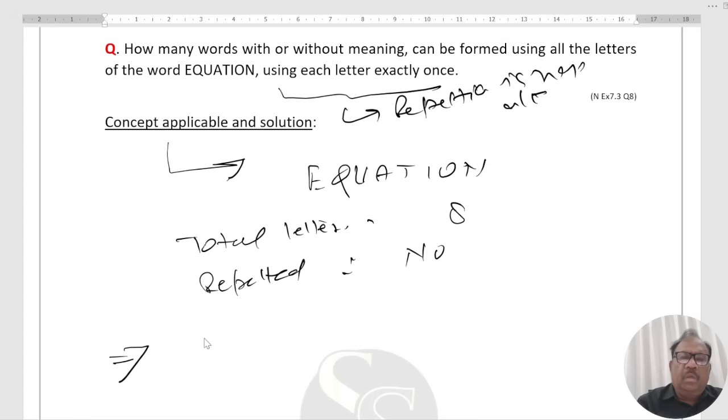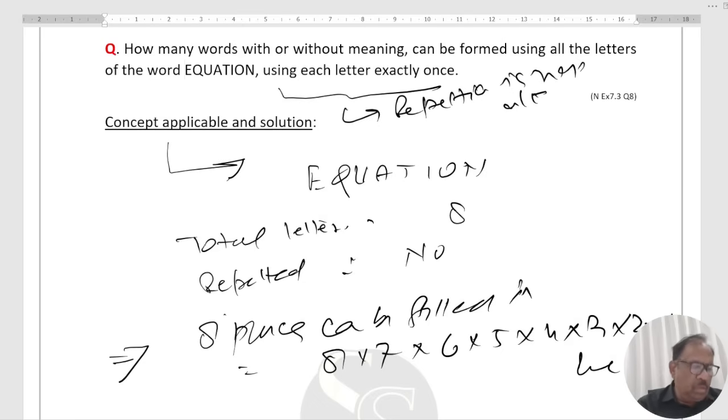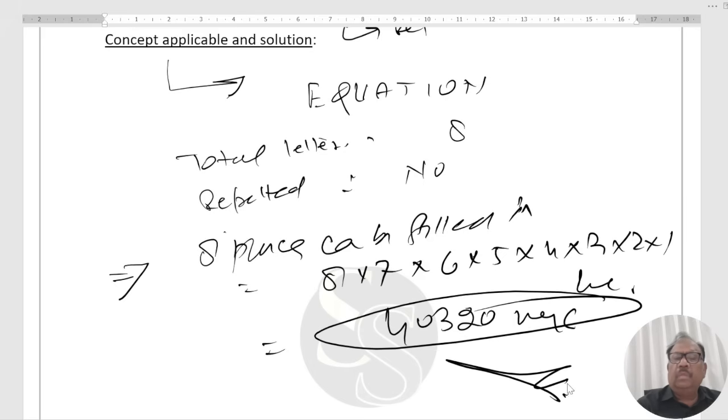So 8 places can be filled in 8 into 7 into 6 into 5 into 4 into 3 into 2 into 1 ways. The answer will be 40320 ways.